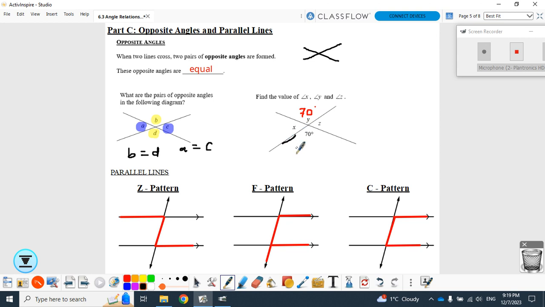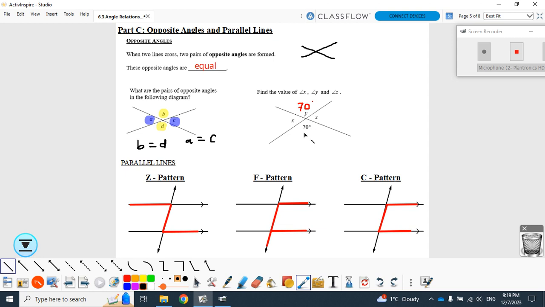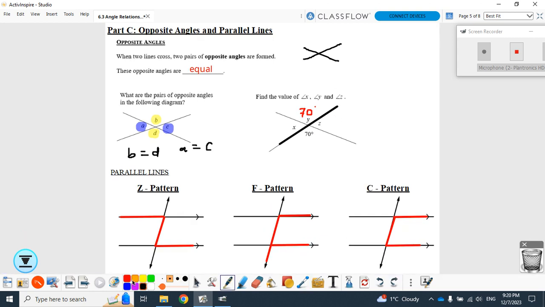Check this out. Here, let me make this pretty obvious. This is a straight line here. And here's what we know about the straight line. I mean, okay, this diagram is certainly not to scale. That doesn't look like 70 degrees. But anyway, if this right here is 70, then the remaining portion must complete the 180 degrees that the straight line is.